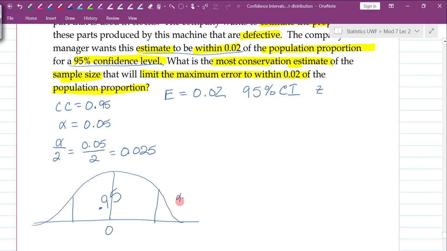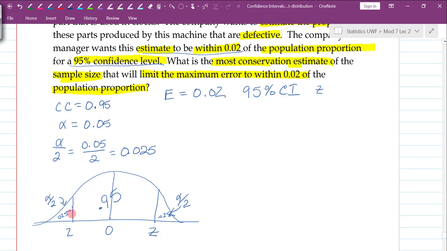I have half of alpha in here, 0.025. I have half of alpha in here at 0.025, and I need to know what is my z value that corresponds to this picture.